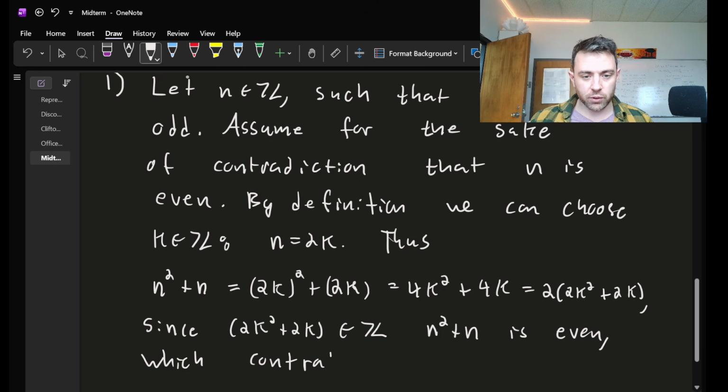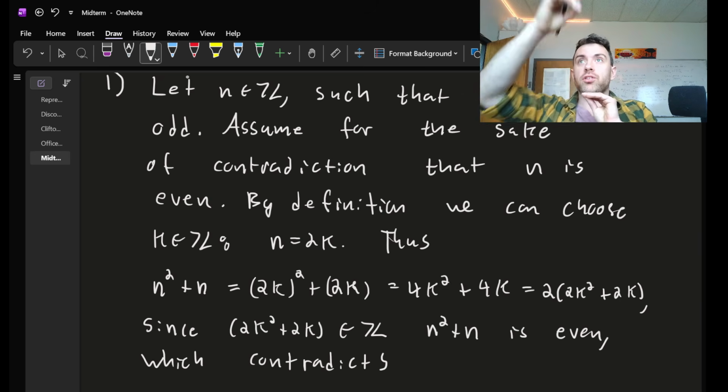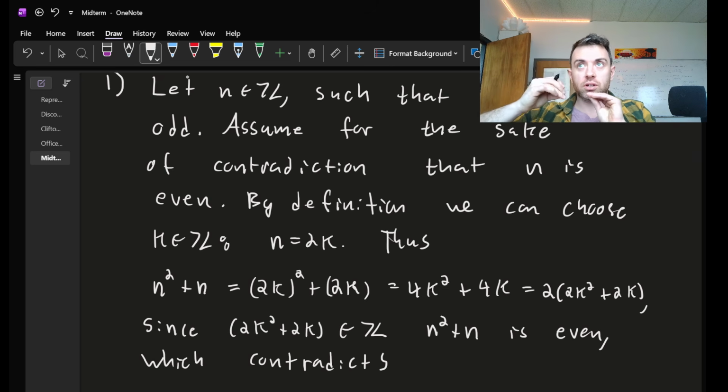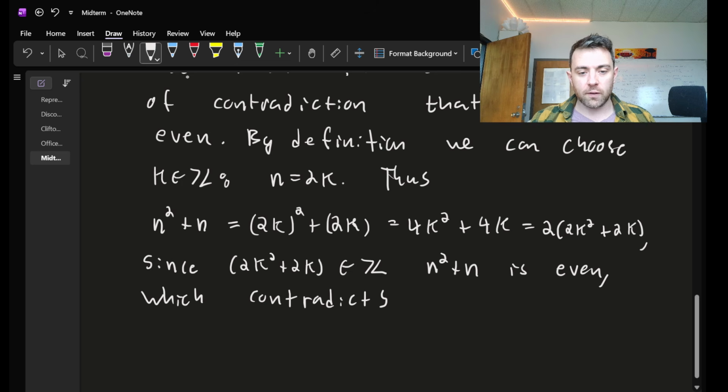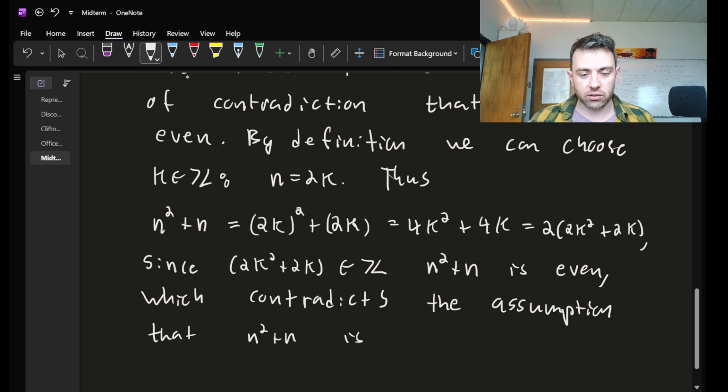So whenever we're doing a proof by contradiction, we want to be very precise about what is the thing we're assuming for the sake of contradiction, and what specifically is the contradiction that is obtained. So, which contradicts the assumption that n squared plus n is odd. Right?